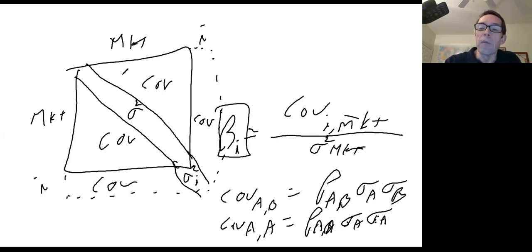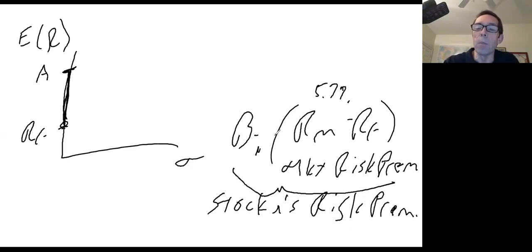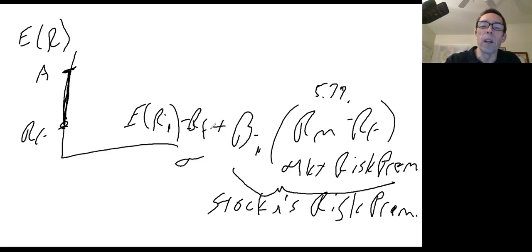All right, so if this right here now is going to be the risk premium for stock I, what is the total expected return for stock I? So the expected return for stock I is going to be equal to stock I's risk premium plus the risk-free rate. So the risk-free rate is the rate of return you get if there's zero risk, and then this over here is going to be stock I's risk premium.